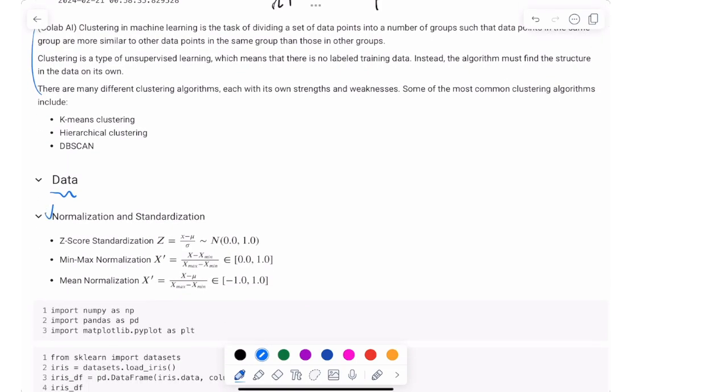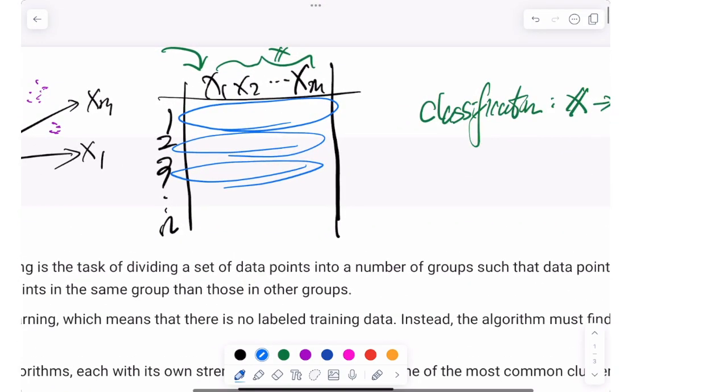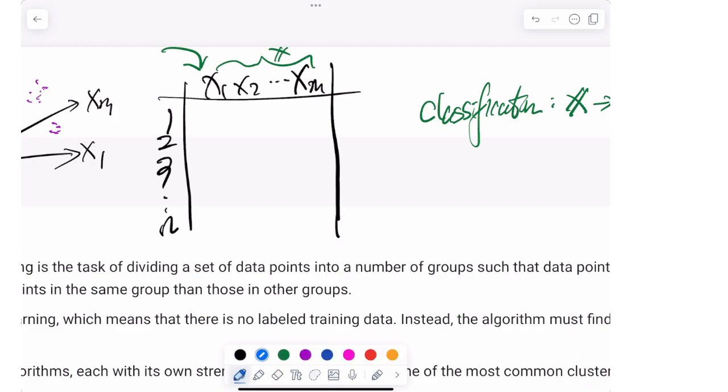First one is normalization and standardization. Okay, I believe you know what z-score standardization, min-max, and mean normalization are. But the reason we want to introduce it right here is that before you apply any algorithm to your data, first you have to think about whether you can normalize the features, for example, using the new feature x1 prime.